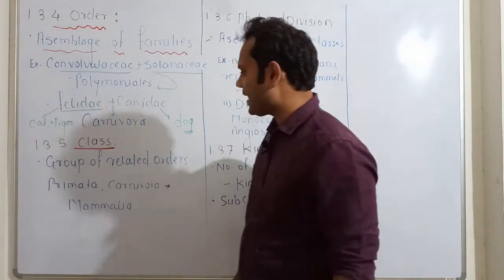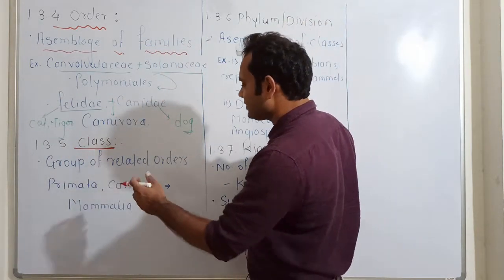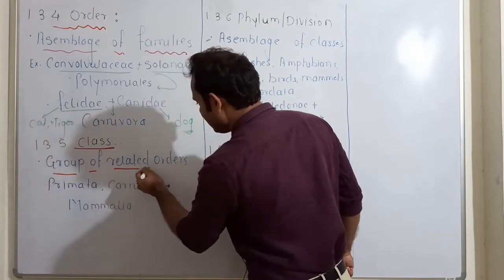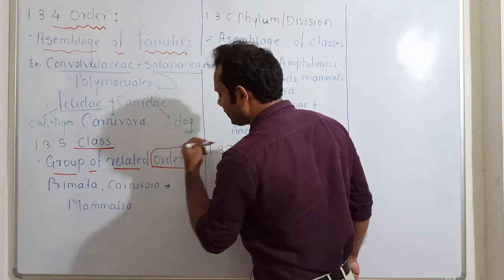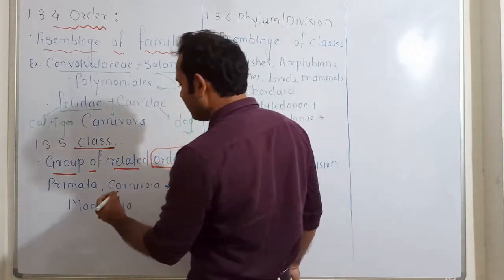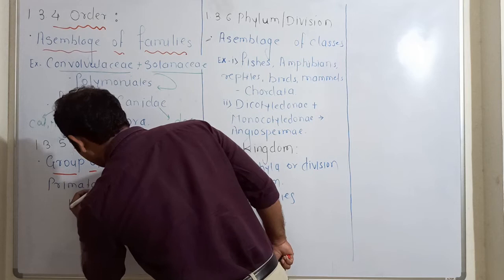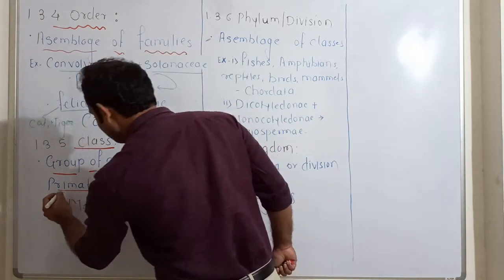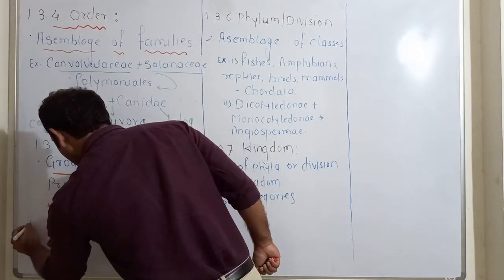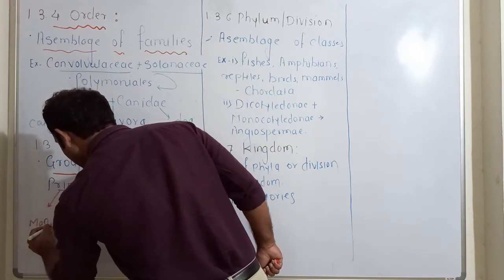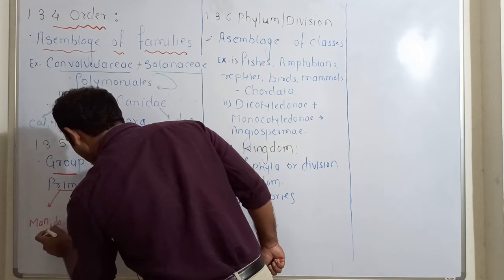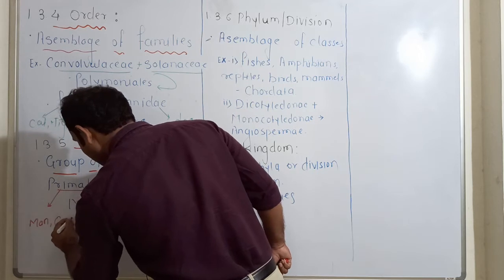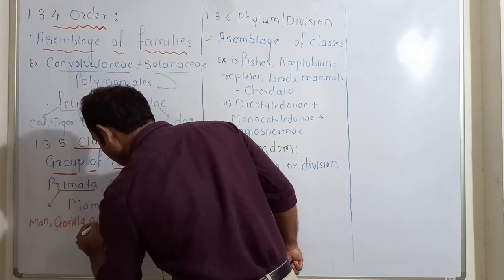So what is class? Class is the group of related orders. For example, here we can see the order Primata and the order Carnivora. Primata contains man, gorilla, gibbons.